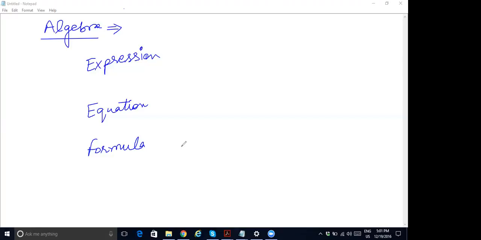That's in quadratic equations or equations. I don't know what expression exactly means.